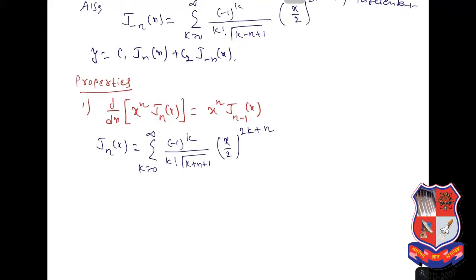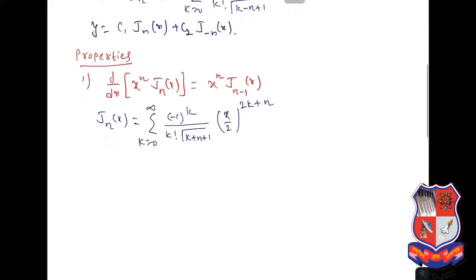Now we want the derivative of x power n J n x. So this is J n x, so let us multiply with x power n.